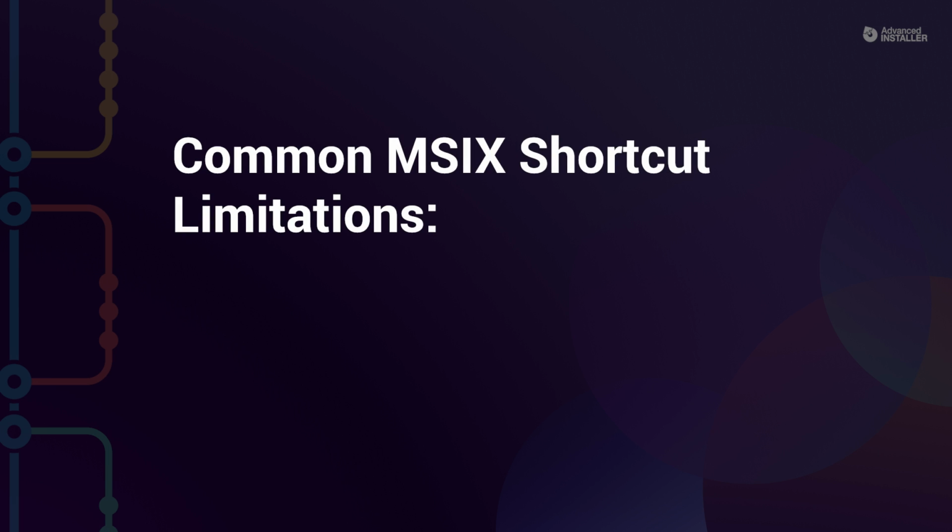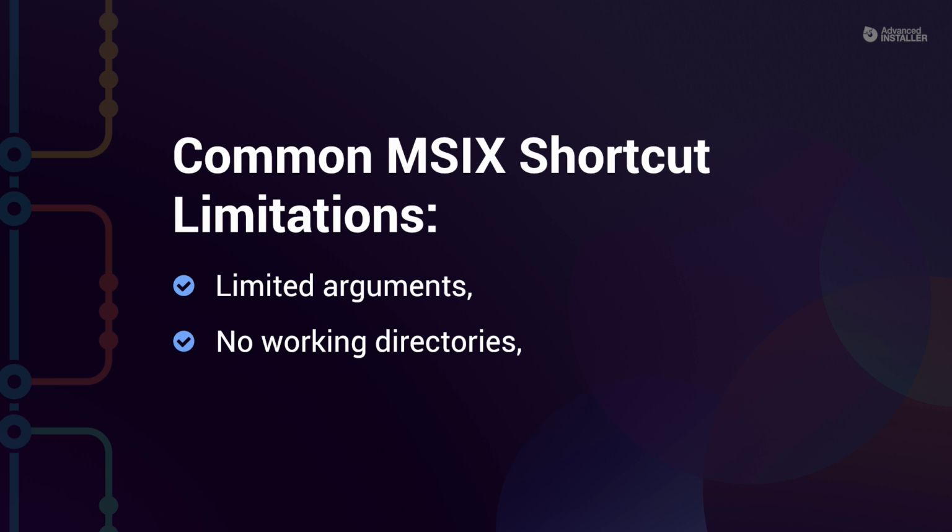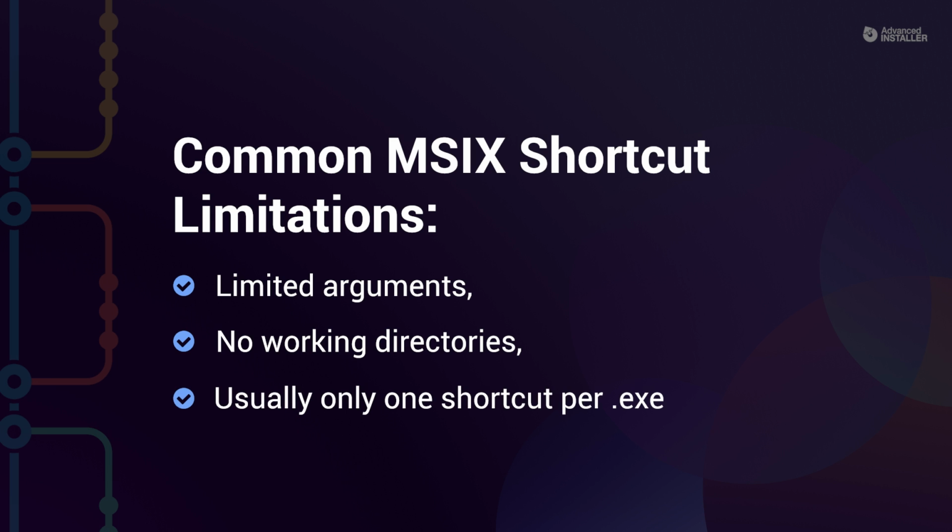So here's the deal. MSIX was supposed to make app packaging simpler, but if you've ever tried to add desktop shortcuts, you know the pain. Instead of using the good old .lnk files, the link files, MSIX shifts everything into the app manifest file, and that means limited arguments, no working directories, and often just one shortcut per exe, which is not ideal.